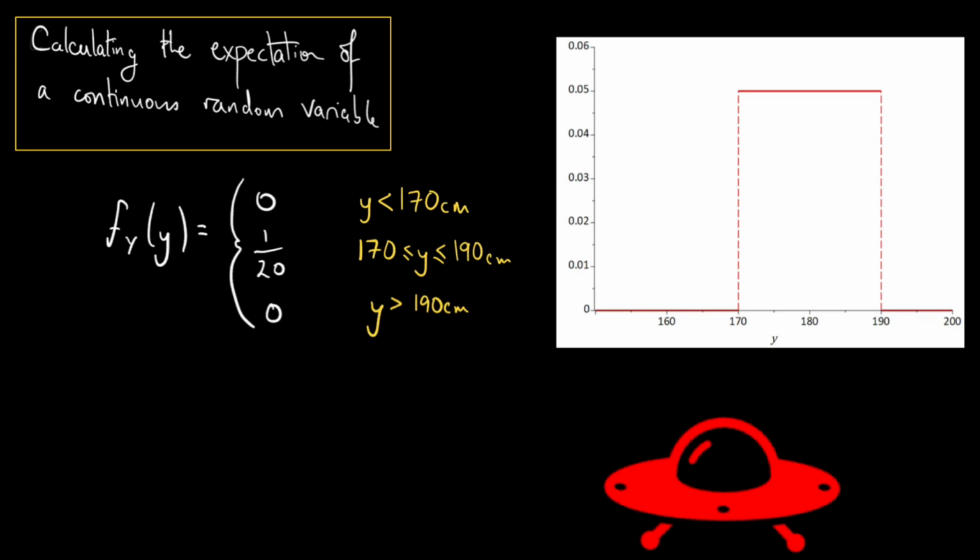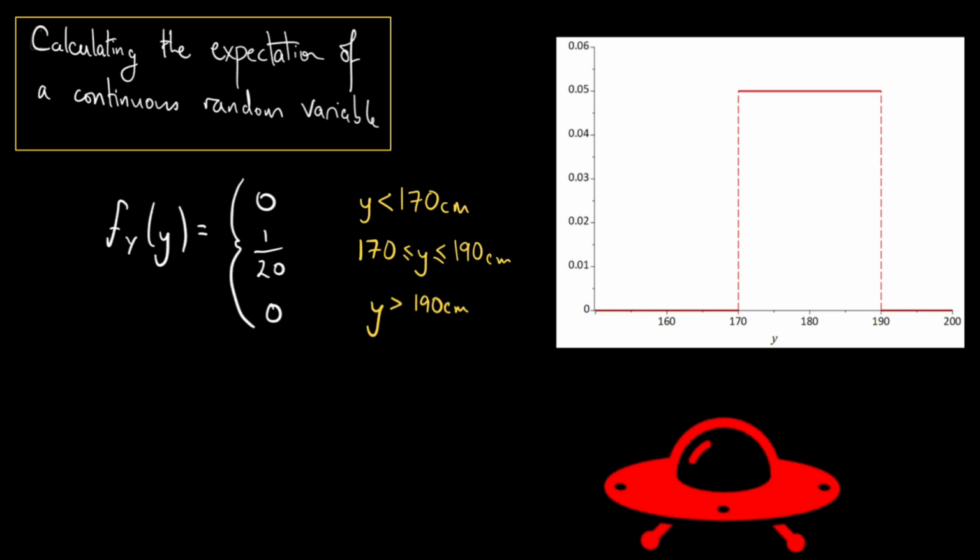So the probability density function fY(y) is given as 0 for y less than 170 centimeters. That means that you'll get no one whose height is less than 170 centimeters. It's 0 for y greater than 190 centimeters. Then it's constant between 170 and 190.